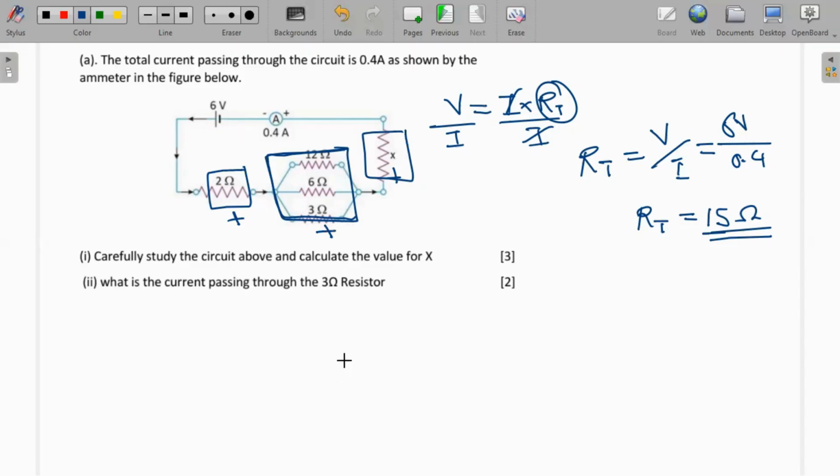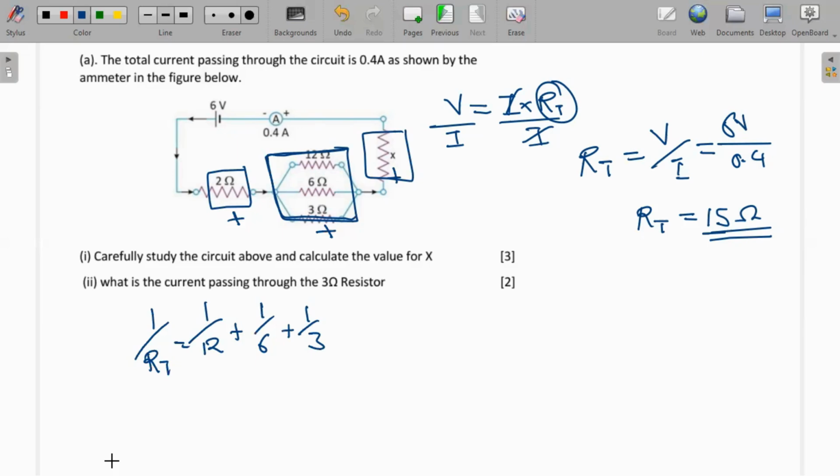So first things first, let's find the total resistance of our parallel combination. We'll say 1 over R total will be equal to 1 over 12 plus 1 over 6 plus 1 over 3. Kindly add these 3 values for me. 1 over 12 plus 1 over 6 plus 1 over 3.